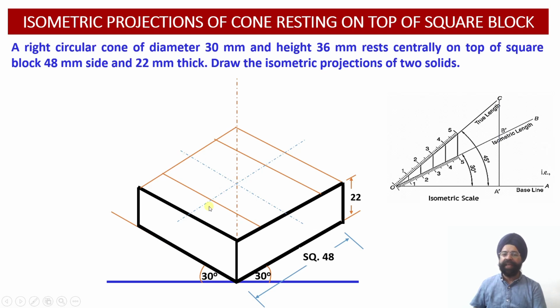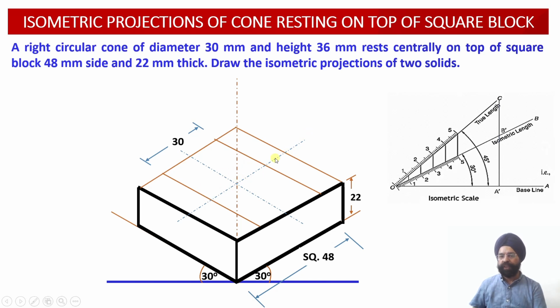By constructing these two projector lines, this projector line has been drawn with an offset of 15 millimeter from the axis towards the left. Then this projector line has been drawn with an offset of 15 millimeter from the axis line, so that the total distance between these two projector lines will be 30 millimeter. So these are two edges which are parallel to each other at a distance of 30 millimeter.